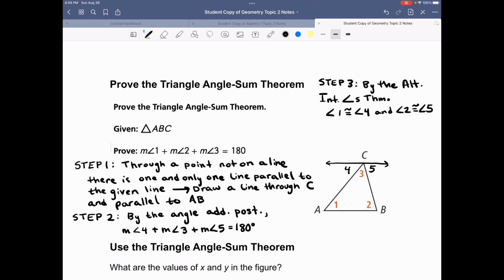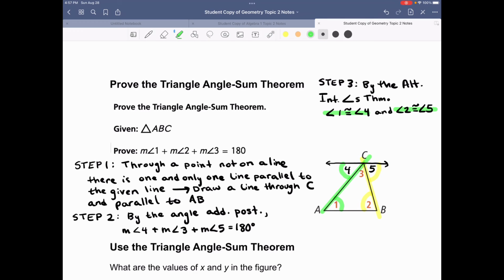We can see that. I'll grab the highlighter. So we have angles 1 and 4, and angles 2 and 5. So this is congruent to this. And then I'll choose a different color for 5 and 2, because they are alternate interior angles. They're cut by this transversal, those two parallel lines, and then the other one is cut by this transversal.